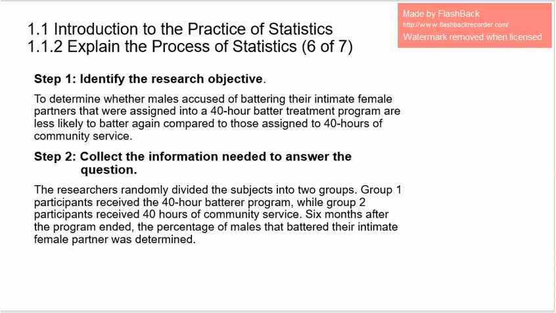The second step is beginning to collect information or data to answer the question in the previous step. The researchers randomly divided the subjects into 2 groups. Group 1 participants received a 40-hour batterer program, while Group 2 participants received 40 hours of community service. Six months after the program ended, the percentage of males that battered their intimate female partners was determined.